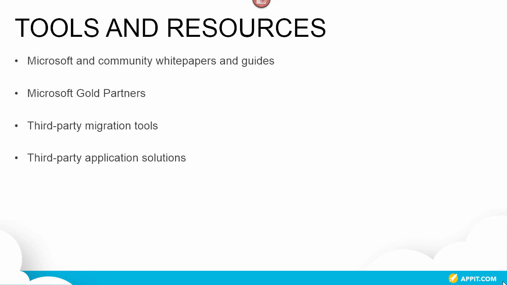Metalogix is one that we have a partnership with at K2, but there are several others as well. And depending on what you need, one may be better than another. There are tools out there for just moving content. There are tools out there for moving things like workflows and forms. So it's really important to assess what your needs are before you take a look at those migration tools, because some may work better than others.